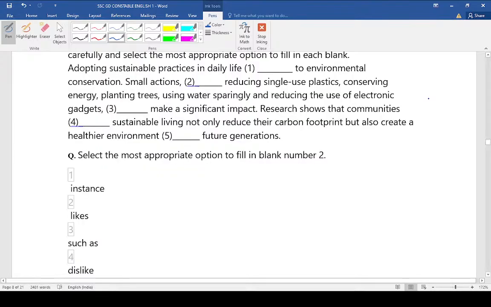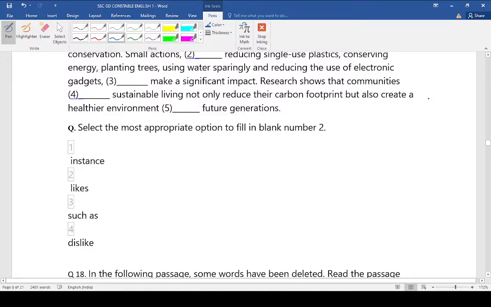The first option given is instance. Instance means related to the most appropriate in using a list of examples. Likes refers to preferences. Dislike is not at all interested in something. So here, such as will come.